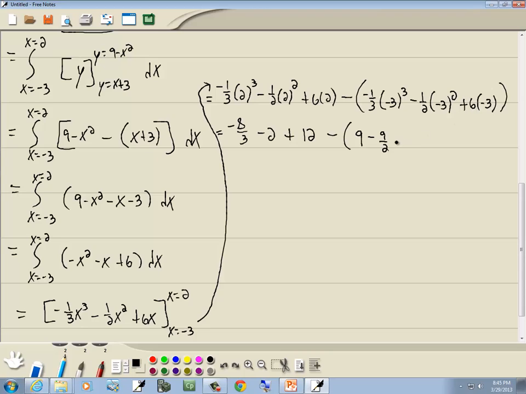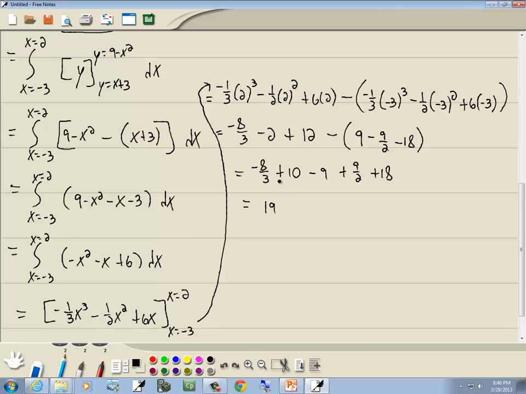And 6 times negative 3 is negative 18. So I got negative 8/3. Negative 2 plus 12 is 10. And that negative flips the sign of everything, so it becomes a negative 9 plus 9/2 plus 18. 10 minus 9 is 1, plus 18 is 19.